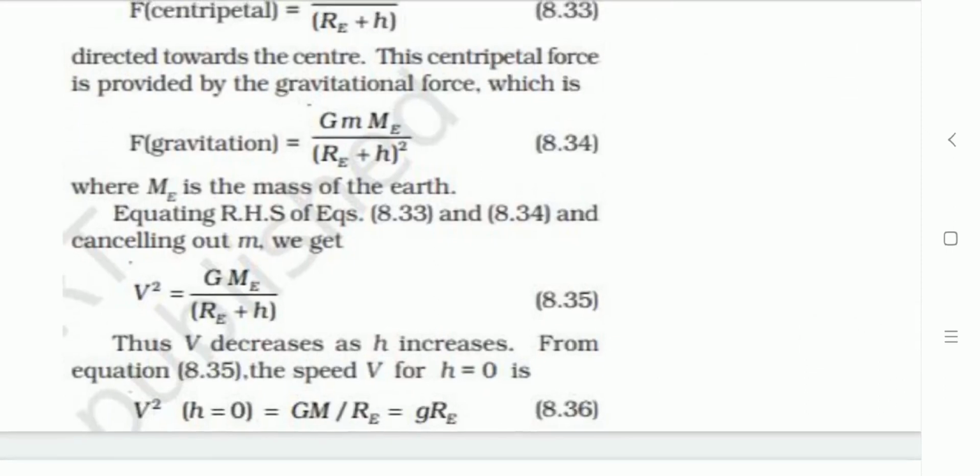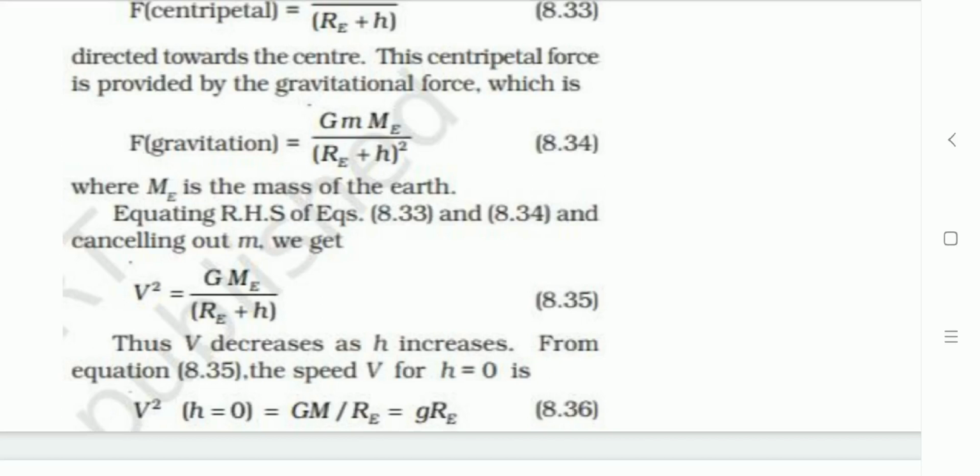Here, if v decreases, h increases. In the above equation, if we calculate v by placing h equal to 0, we have v square equal to GM upon RE, that would be equal to small g into RE.